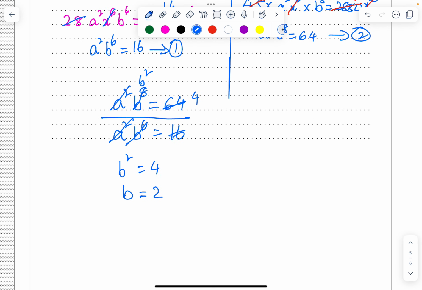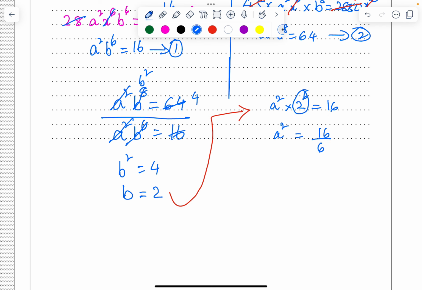Okay, so once I get the b value, I'm going to solve for a now. So a squared times 2 to the power of 6 is equal to 16. a squared is equal to 16 over 2 to the power of 6, which is 64.